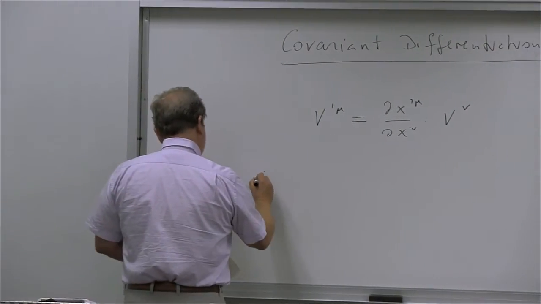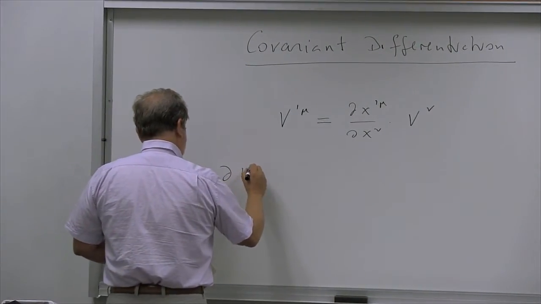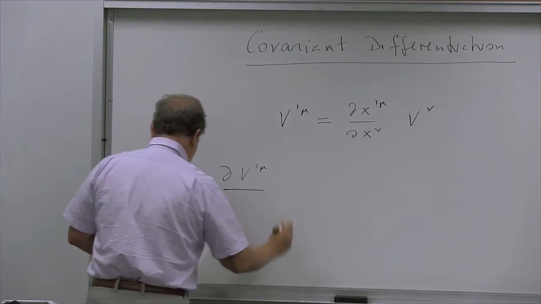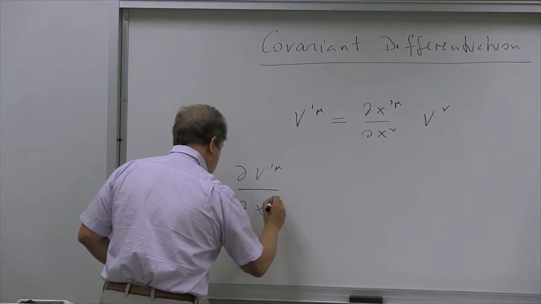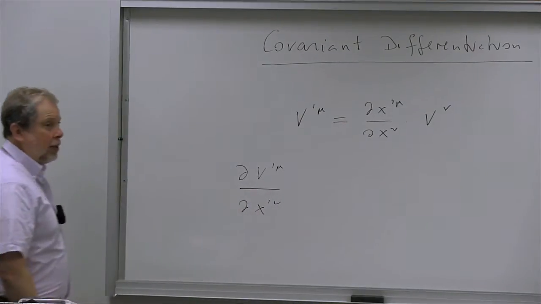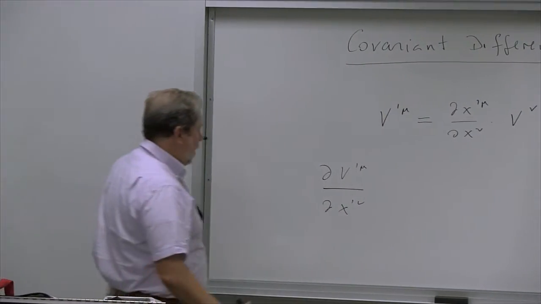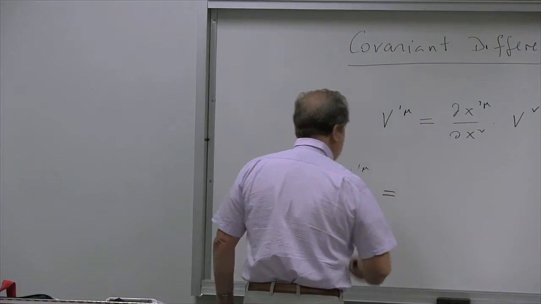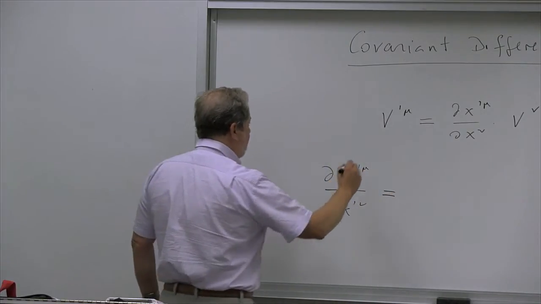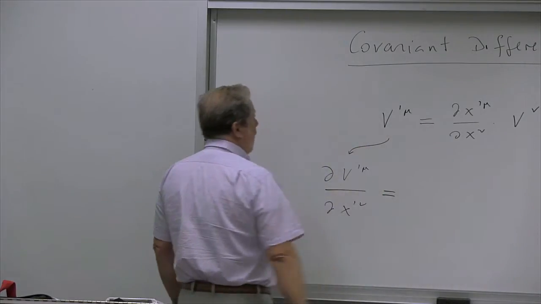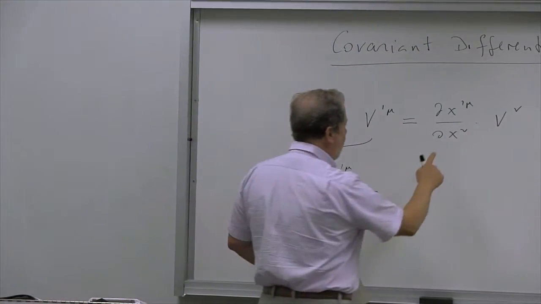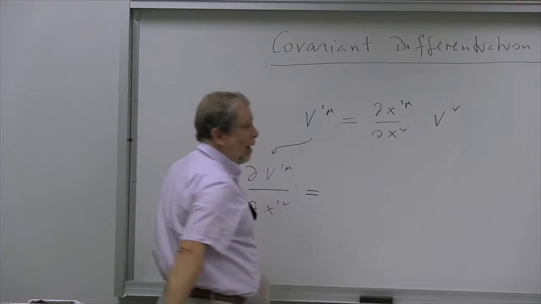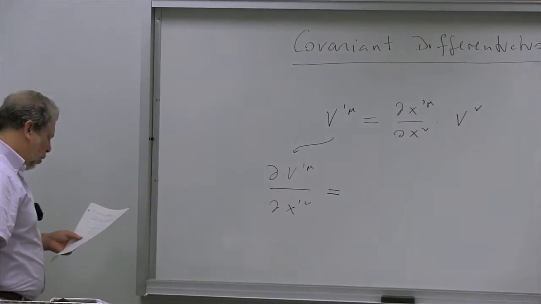So we're going to write down the derivative of v prime mu with respect to x prime nu, with primes upstairs and downstairs. We're just going to take this expression and plug it in there. As a result, we have the derivative of a product, because you have to take the derivative of this and the derivative of that, so we get two terms.